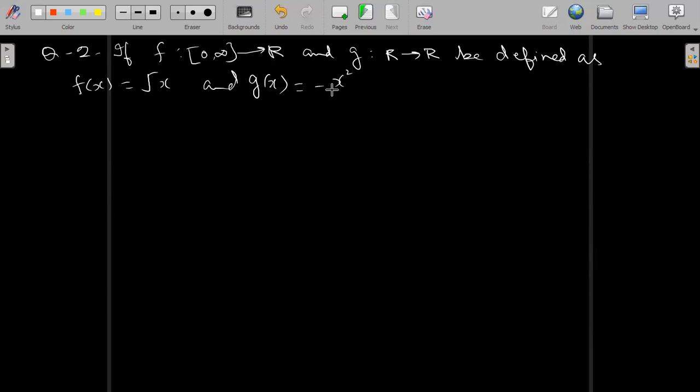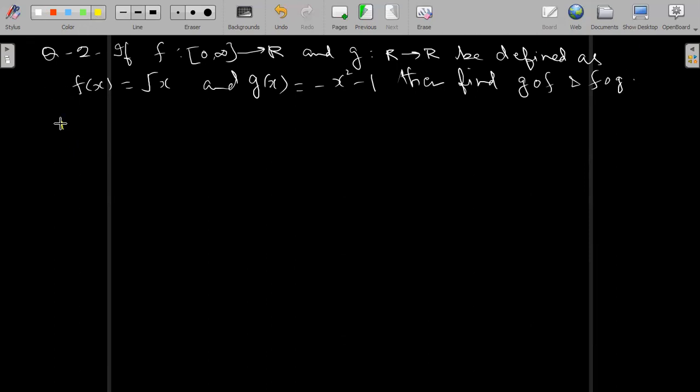Square is only on x. Then find the composite g∘f and f∘g.